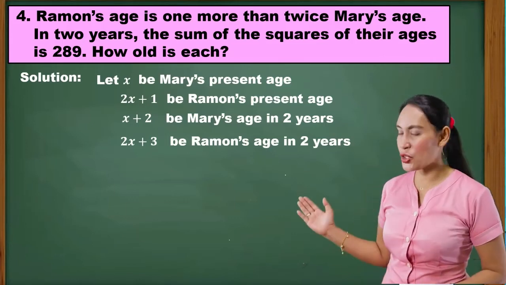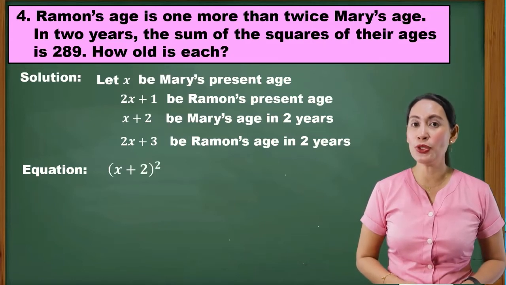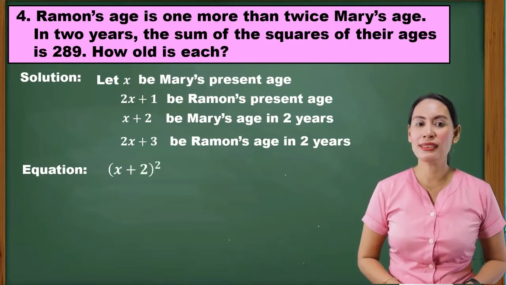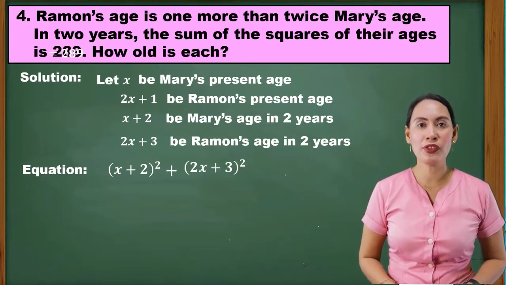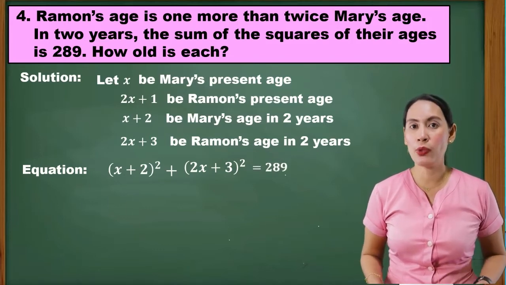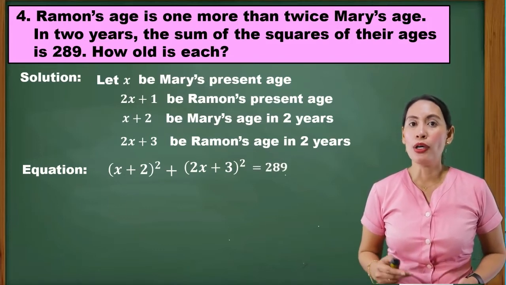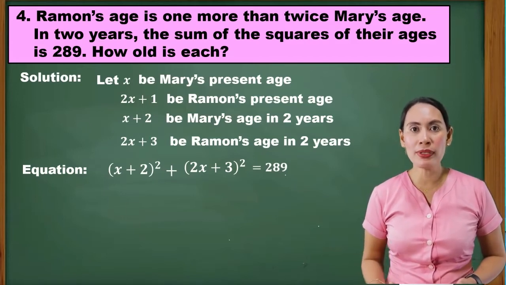So here's the equation to solve the problem. The quantity x plus 2 squared plus the quantity 2x plus 3 squared equals 289.